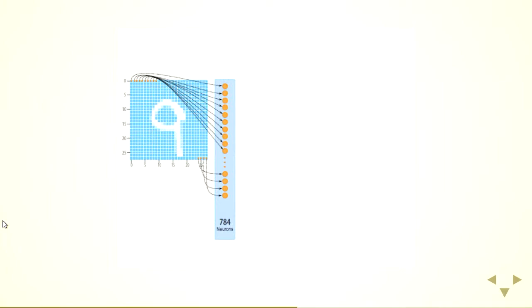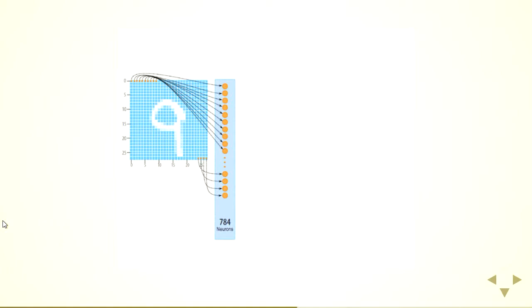So how does that look when you wire it up? This is your prepared image. Ignore that it's blue here; I just thought it's prettier. It is actually black and white. And each pixel you connect to one neuron. 28 by 28, really quickly: 784.